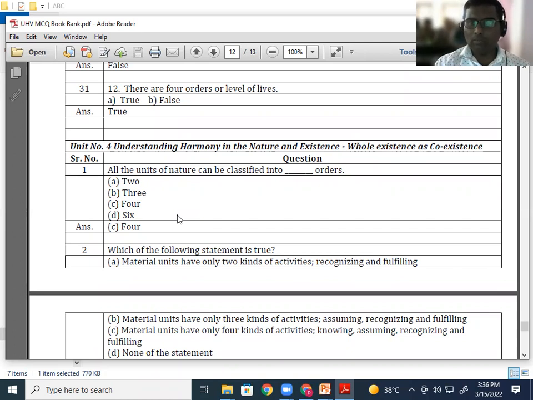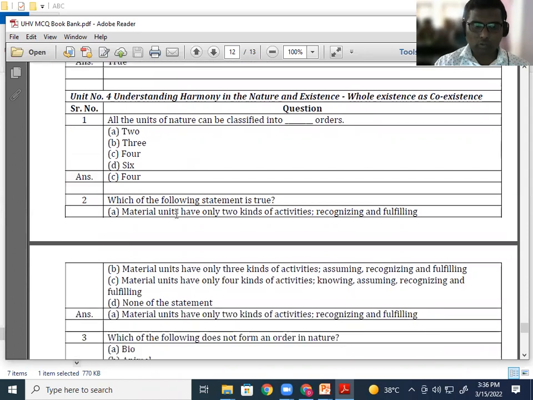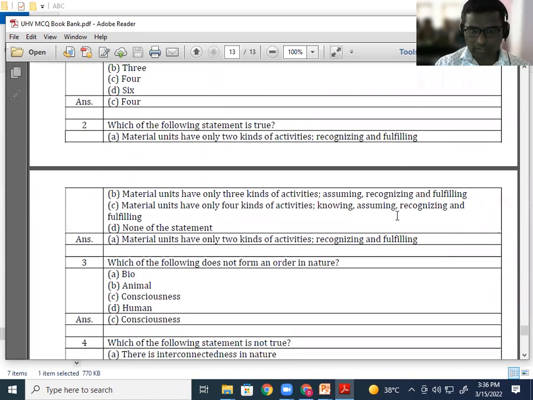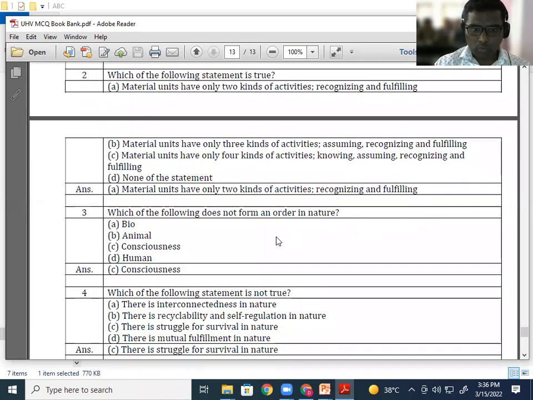Third one is the animal order. And fourth one is the human order. Which of the following statements is true? The material unit has only 2 kinds of activity, recognizing and fulfilling. I think I have not discussed this thing, so forget about it.